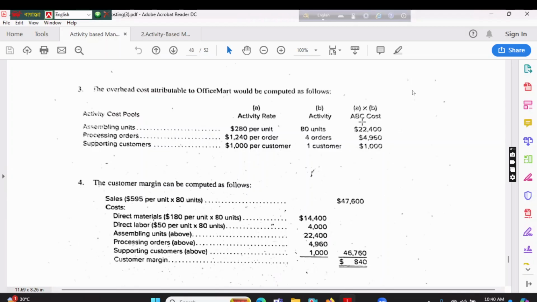We'll add these 3 figures, and here we will make the total.